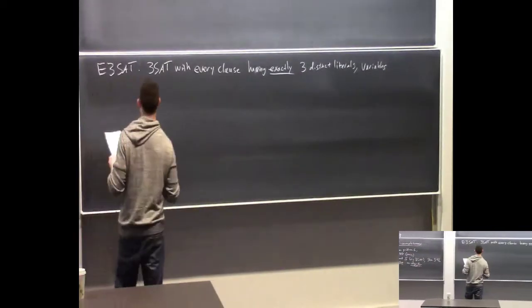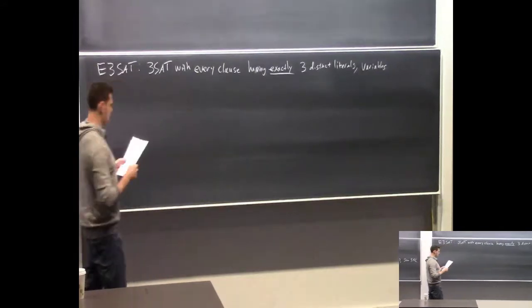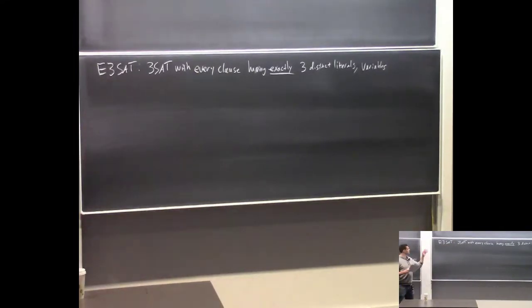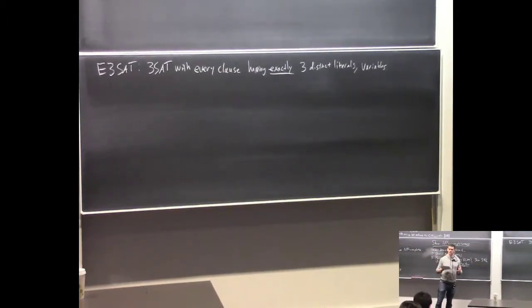So a couple remarks here. One is this distinction between E3-SAT and 3-SAT is largely for technical reasons, for our convenience as we do these reductions. You should not think of this as a significant distinction conceptually. By requiring every clause to have exactly 3 variables, you'll see later that this makes the reduction to 3 coloring go easily.